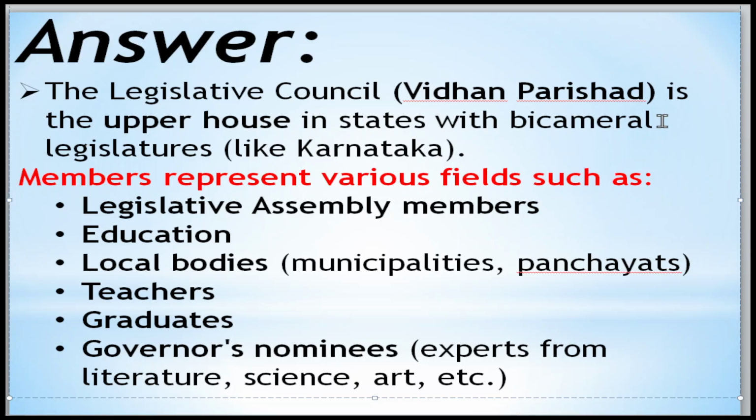Bicameral means the legislature has two houses. Unicameral means it has only one house, that is the lower house. In Karnataka we have a bicameral legislature, two houses. So the Vidhana Parishad, or upper house, the legislative council, is there in Karnataka also.